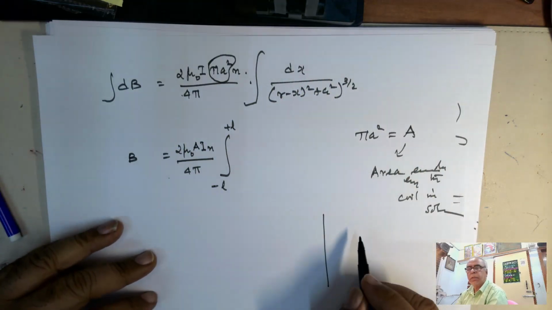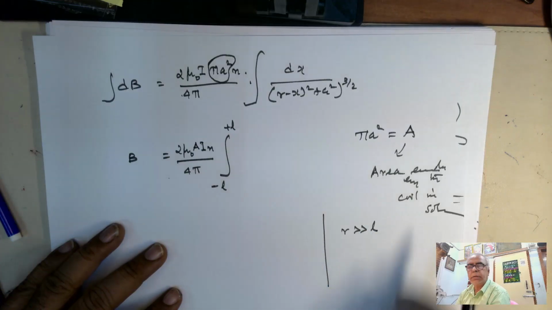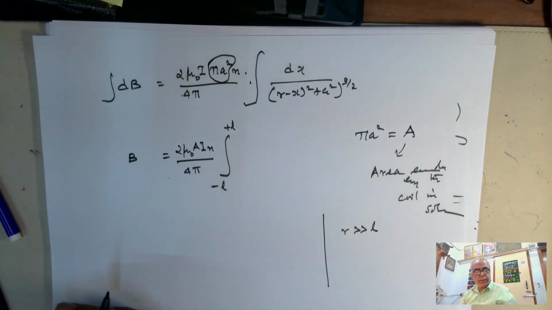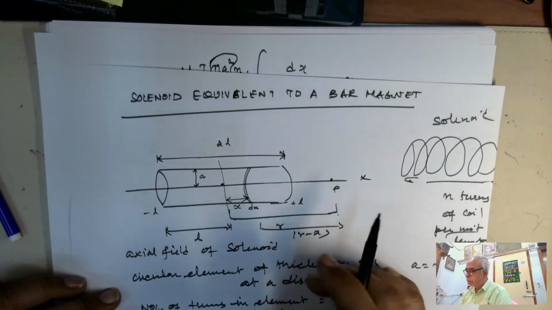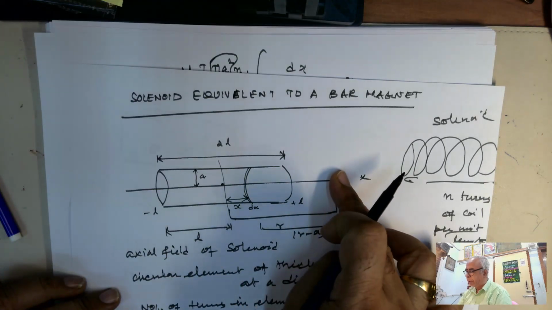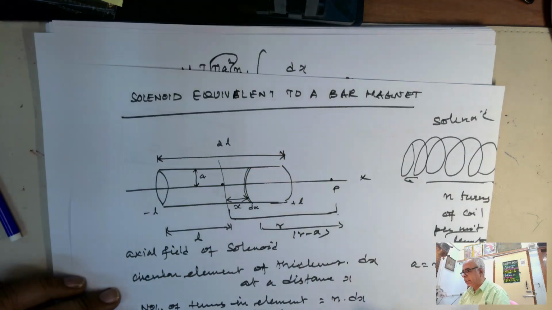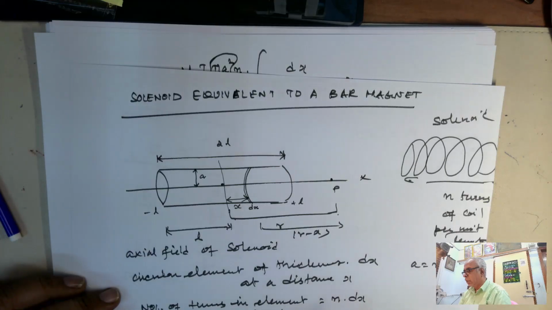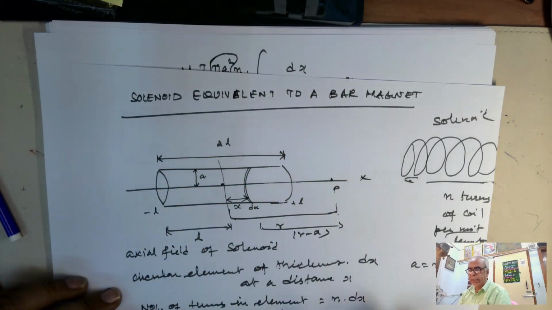Now let us work out this. We are considering R is much greater than L. What do you mean by this? R means the distance between the point P and the center of the coil, and L is the semi-length of the solenoid.